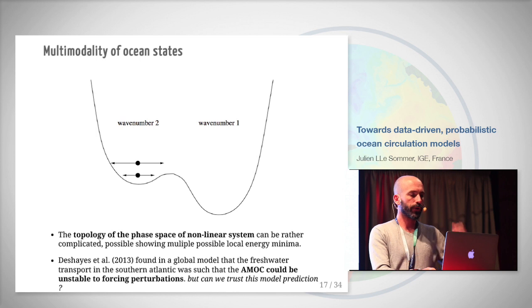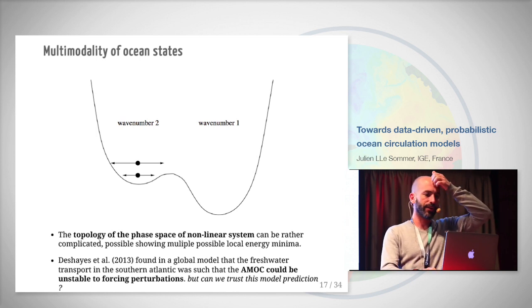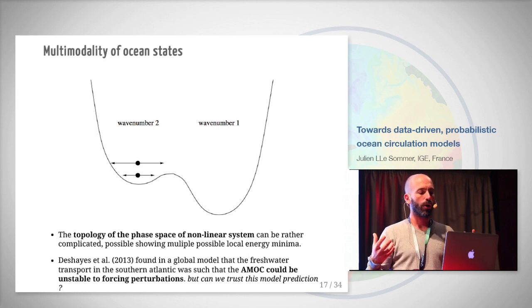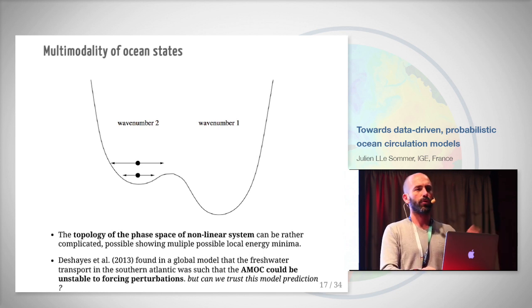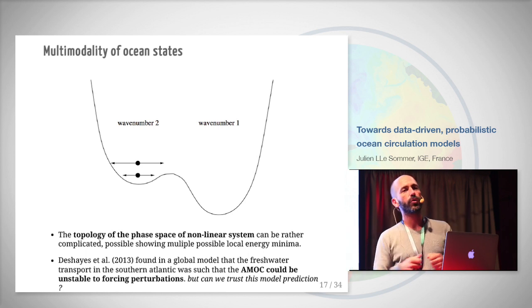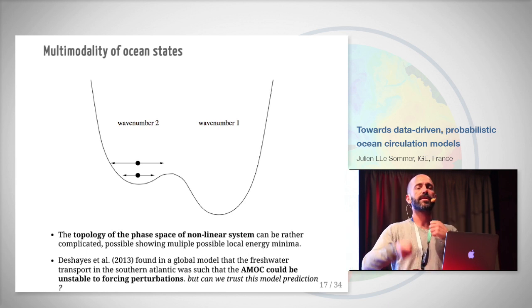Okay. Also, thinking again about this idea of the complex topology of the phase space of a nonlinear system like the ocean, you have this idea that possibly you could have attractors, places where it's hard to get out. We also know that this idea of attractors is key to understanding very long time scale variability in the ocean, like when it comes to hysteresis of the MOC on long time scales involving freshwater feedbacks.